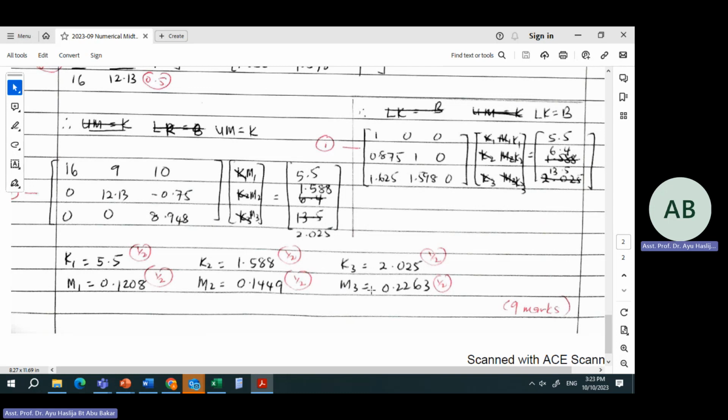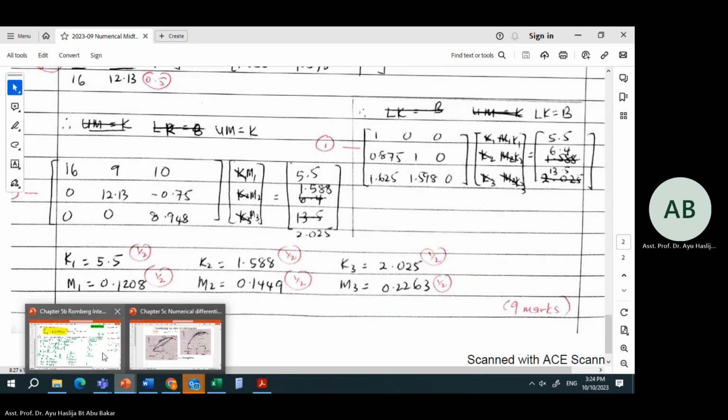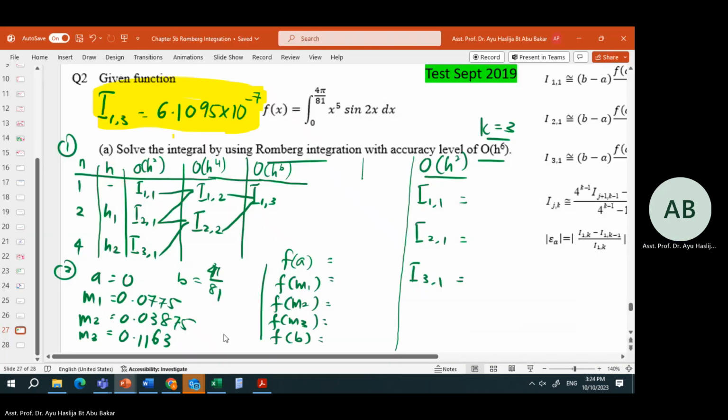I will upload the solution and the answer in CN. Okay? Clear? For the midterm? For the question here, Romberg, clear?